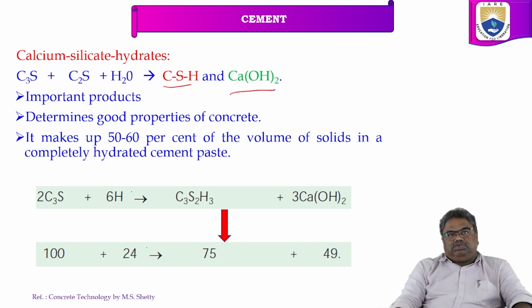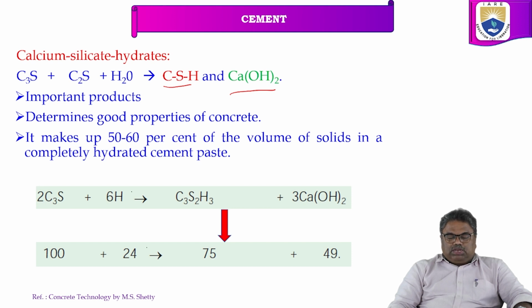These are two important products during the hydration process: CSH gel and Ca(OH)2. They determine the good properties of the concrete. They make up 50 to 60% of the volume of solids in a completely hydrated paste.